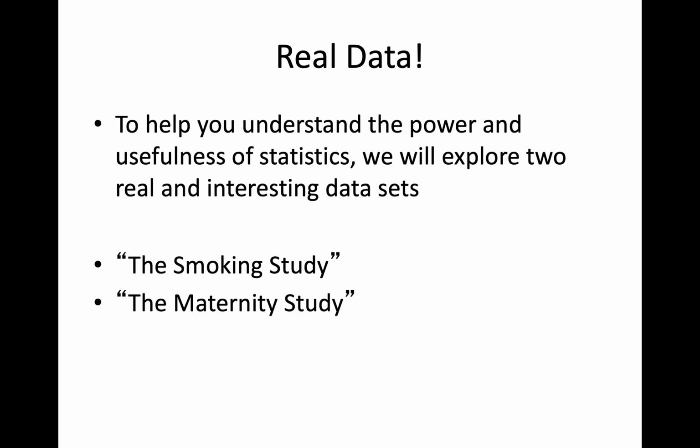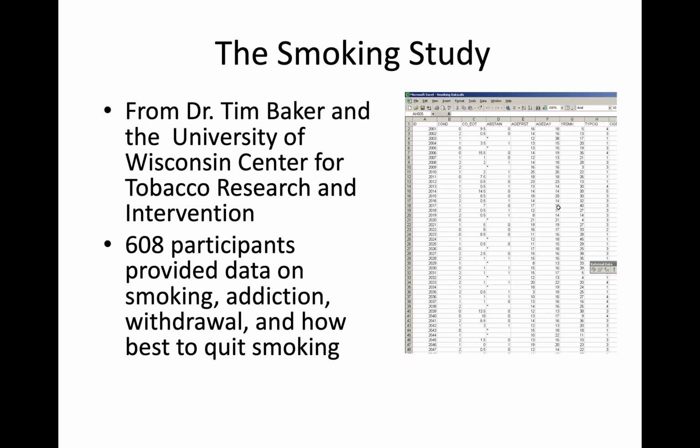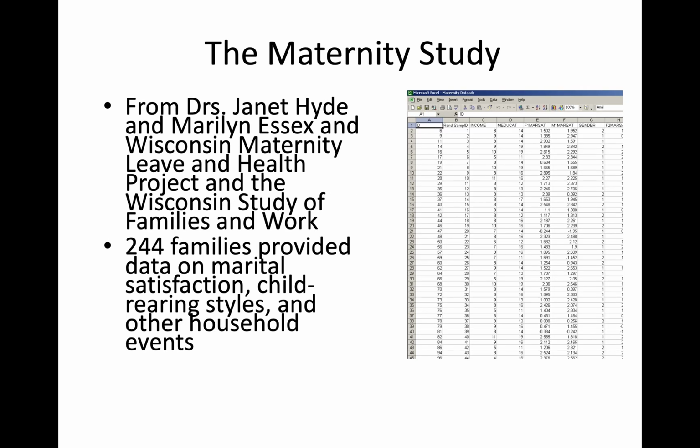We're going to explore 2 real data sets that we've acquired, we call them the Smoking Study and the Maternity Study. You can read more about them in the book, but the Smoking Study is from Dr. Tim Baker. There's over 600 participants in a smoking cessation study, and we have a lot of data to work through in that. And then there was the Maternity Study performed by Janet Hyde and Marilyn Essex at UW-Madison.